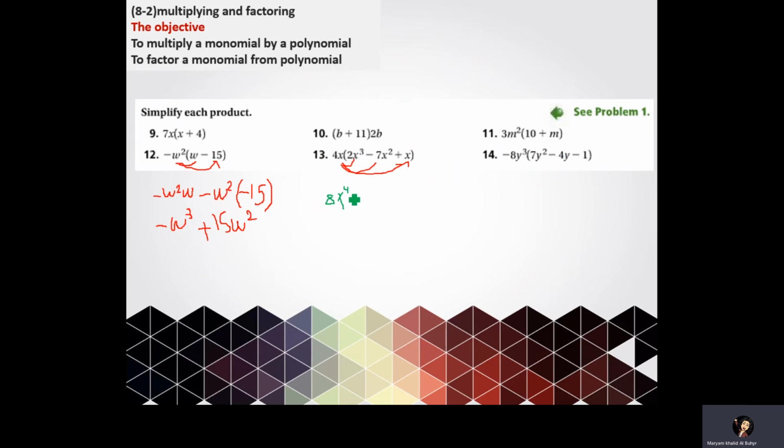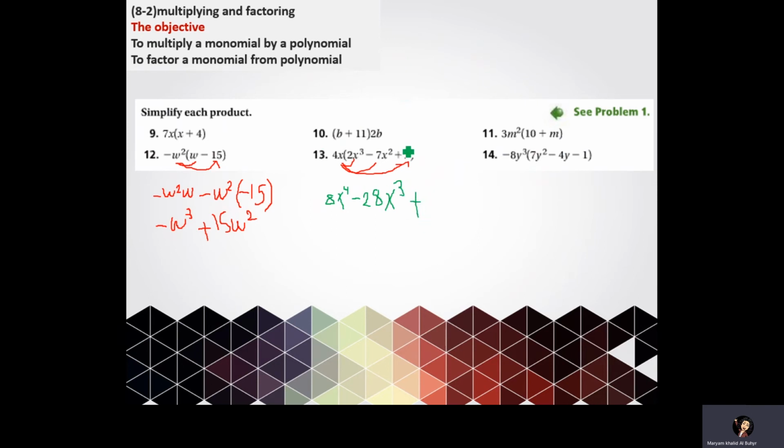I don't have a problem if you don't want to write this step. So 4 times -7, it's 28. I know that it's a 28. I don't want to write other than these steps. X and x to the power 2, so that is x to the power 3. I know these are the same base. I can add their powers. So this is 2 and here is 1, so it's x to the power 3.